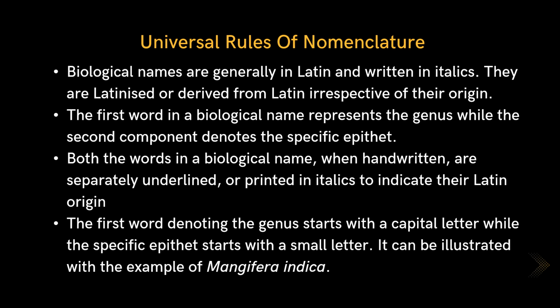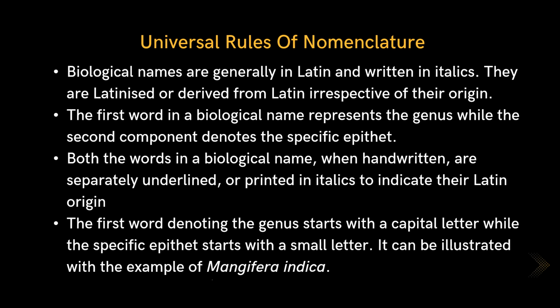Yes. So both the words in a biological name, when handwritten, are separately underlined or printed in italics to indicate their Latin origin. So the statement tells us that both the names Mangifera and indica, when they are handwritten, suppose you are writing in your copy or in your answer sheet the name Mangifera indica, you need to underline it separately.